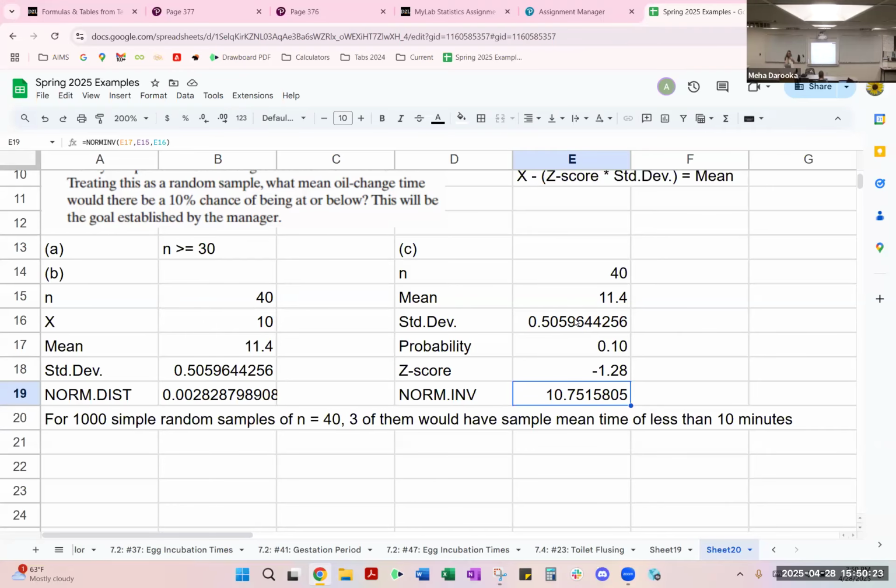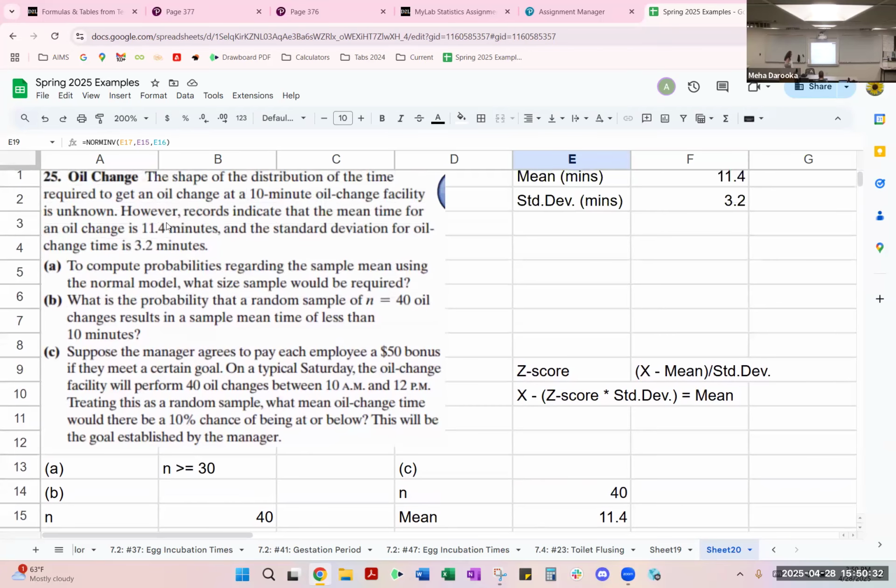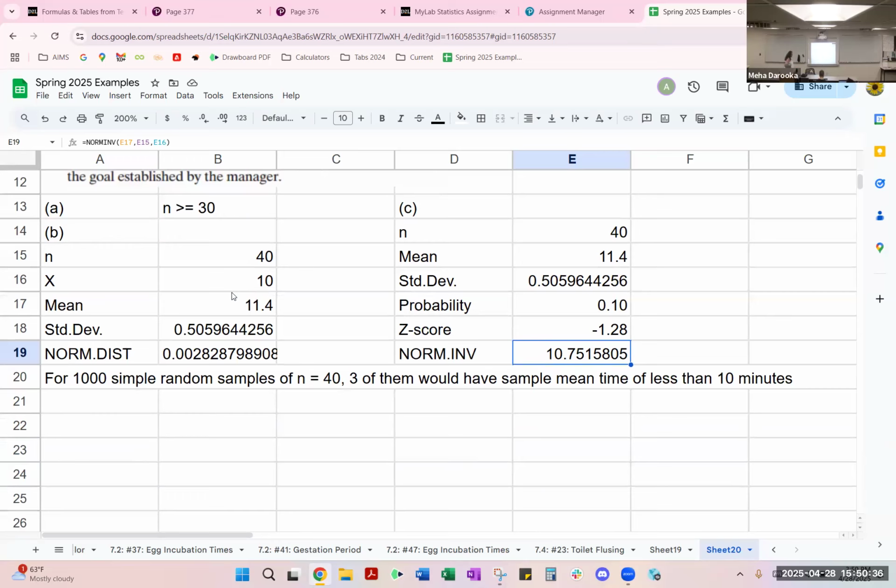That's actually interesting. I didn't think it was going to work. Probably because I confused myself with the mean. Remember, the population mean is 11.4. So for the sample, we are saying for 10% or less, the sample mean should be at 10.7515.